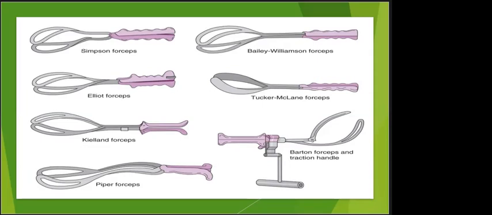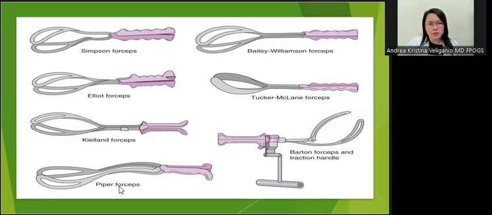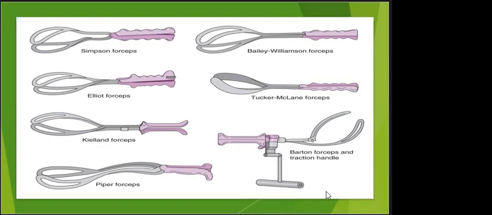Remember earlier when we were talking about breech, we have the Piper forceps that we use in delivering of the aftercoming head in a breech delivery. So other forceps available are the Simpson, the Elliott, the Kielland forceps. We have the Tucker-McLean forceps, the Bailey-Williamson forceps, and the seldom used is the Barton forceps and traction handle.